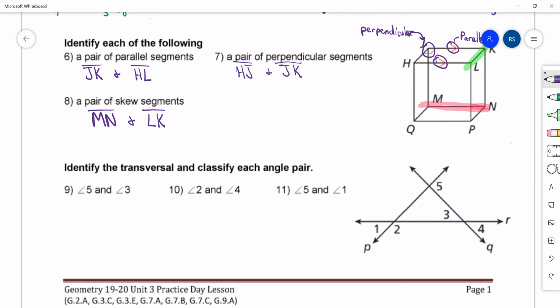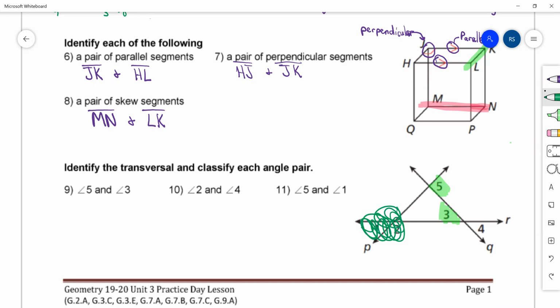Okay, for the next 3, we have to identify the transversal and classify each angle pair. So remember, the transversal is the line that cuts through the other 2. Okay, first it asks about angles 5 and 3. Now, it doesn't say anything about these, so I'm going to just ignore it for a second.